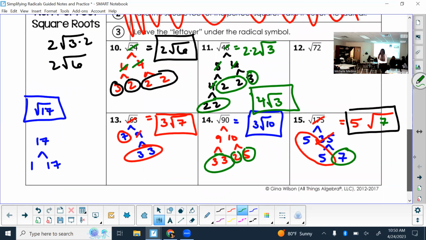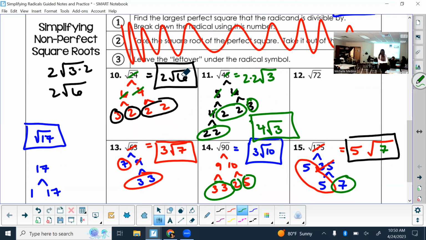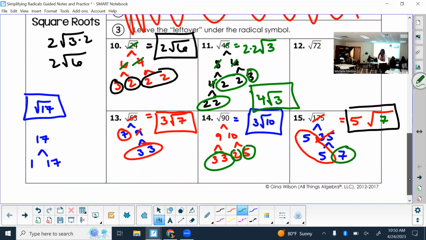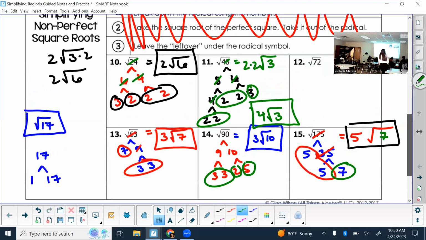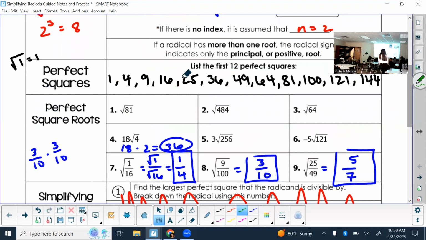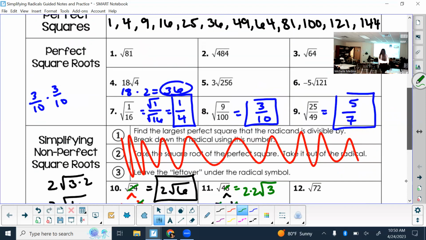You multiply all of them on the outside. Do I write anything under the radical? No. And if that happens, then it must be a perfect square that you just factored. So that's why if it's a perfect square, it's nice to just know your perfect squares so that you don't waste time making a tree for it.